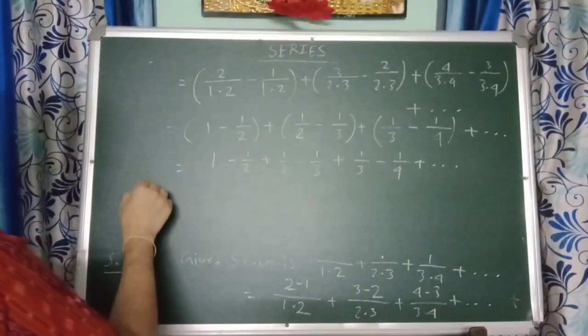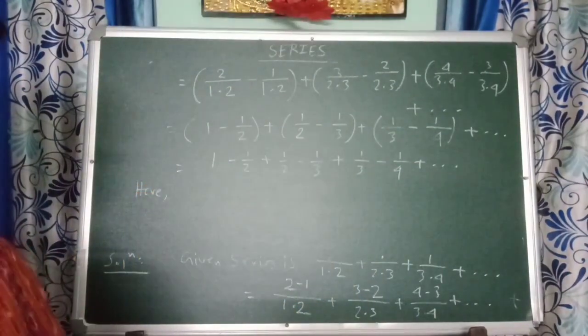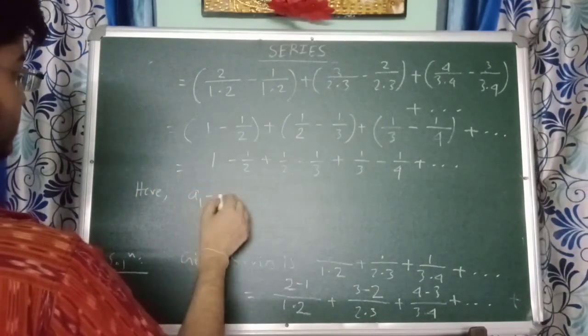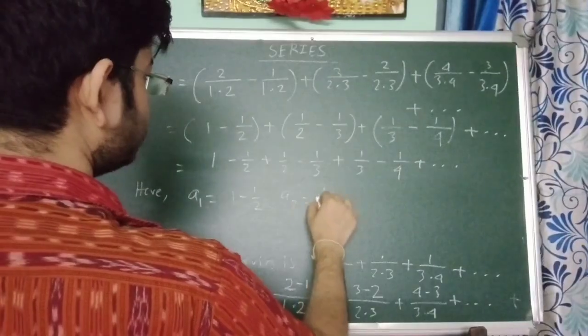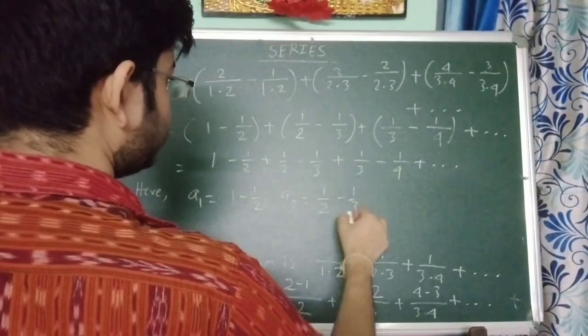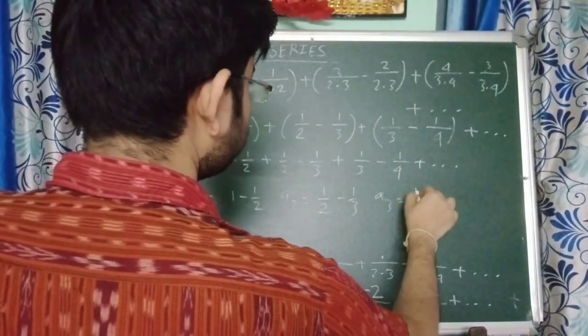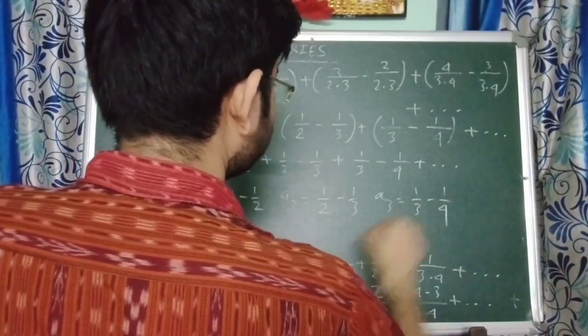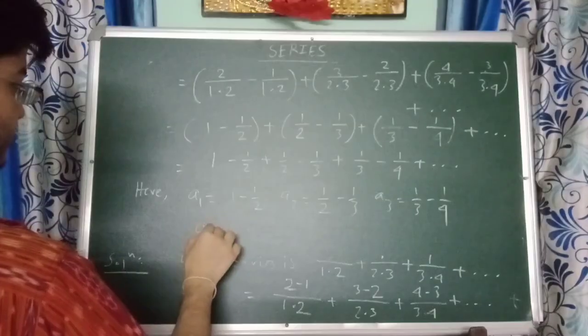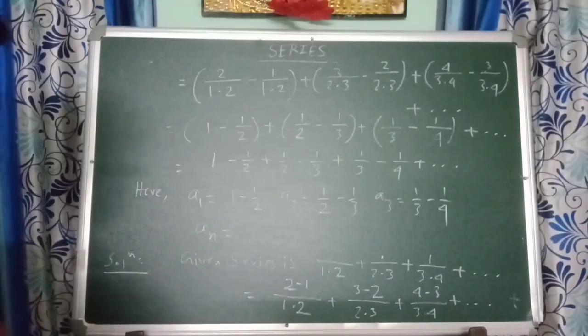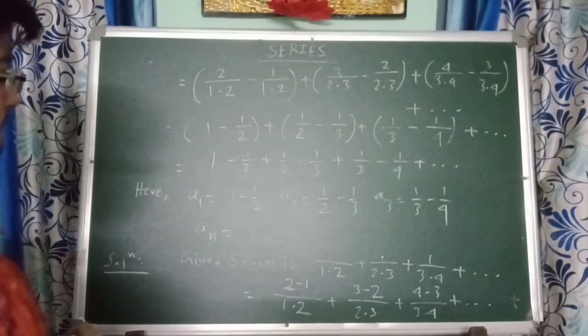So here we assume A1 is 1 minus 1 by 2, A2 is 1 by 2 minus 1 by 3, A3 is 1 by 3 minus 1 by 4 and so on. From this we guess An.